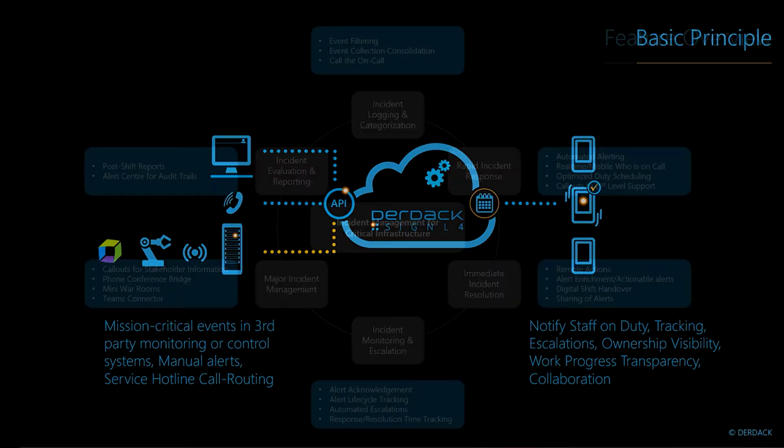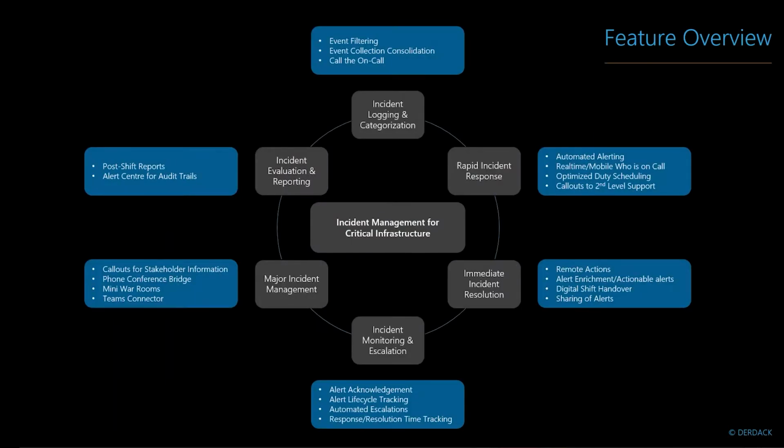Here you can see all things related to incident management and critical infrastructure that are covered by SIGNL4. The main part, of course, is alerting. That's a typical request when customers approach us and say, listen, we need to get alerts for critical incidents.